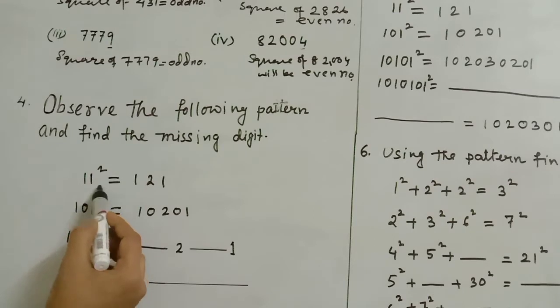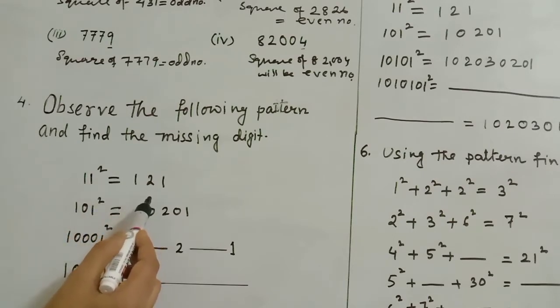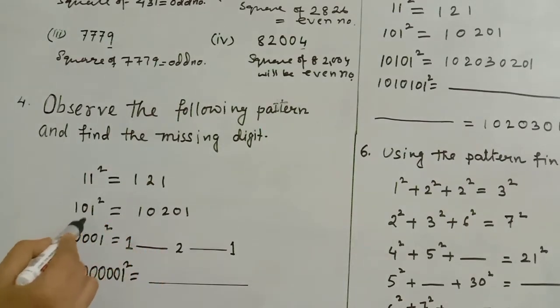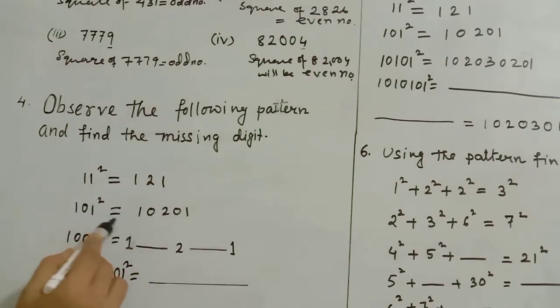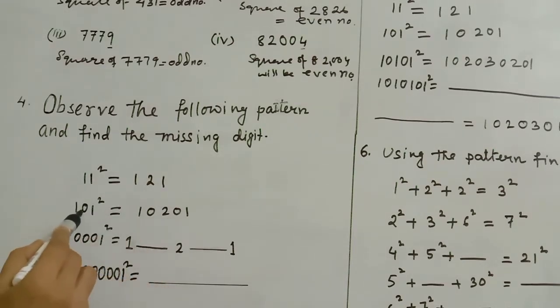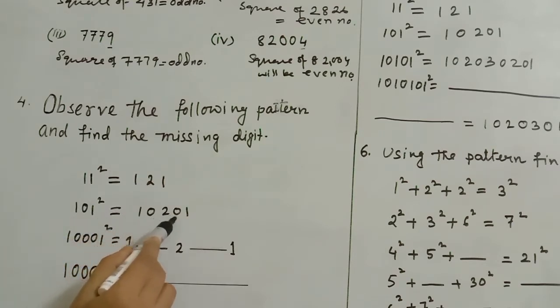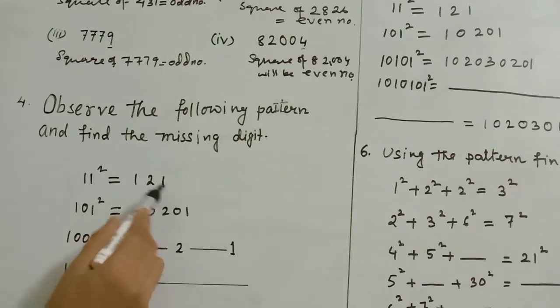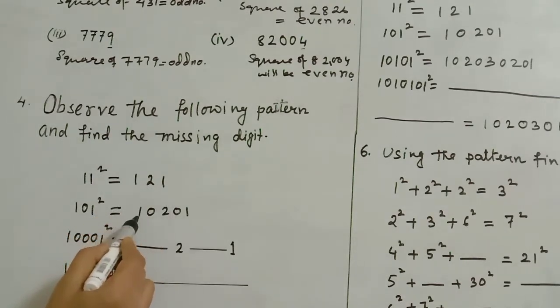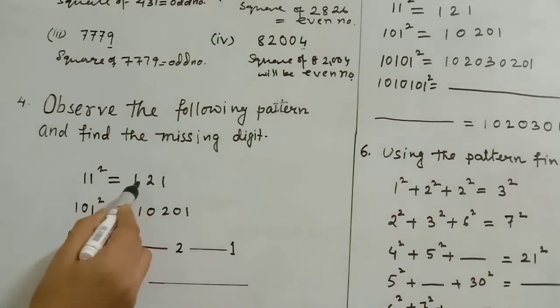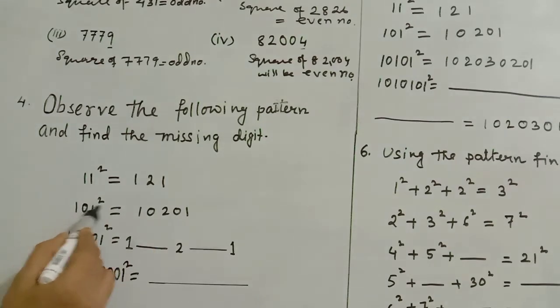Then 101 square. See the pattern, observe the pattern carefully. 101 square is equal to 10201.